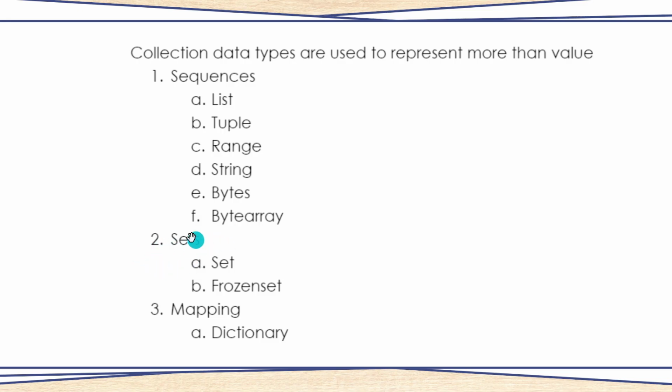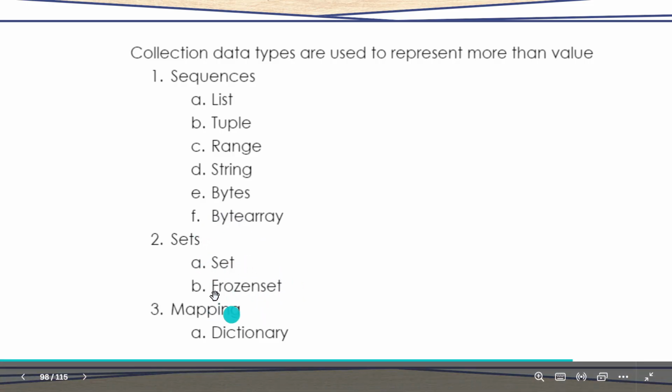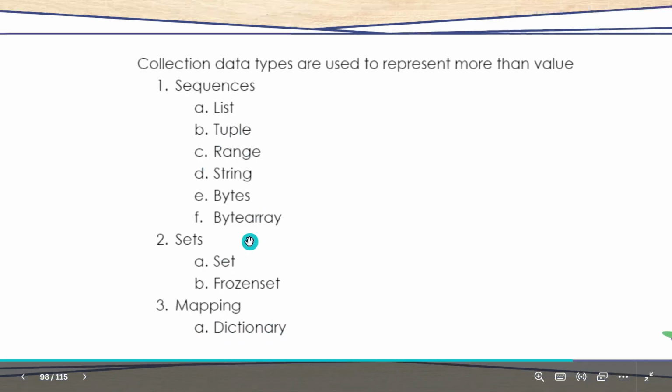Inside sets we have two categories: one is set and the second is frozen set. We will discuss each data structure. And then we have mapping, a mapping collection or mapping data type, which is dictionary. This is one of the important data structures in Python, right? We will study each collection data structure in detail.